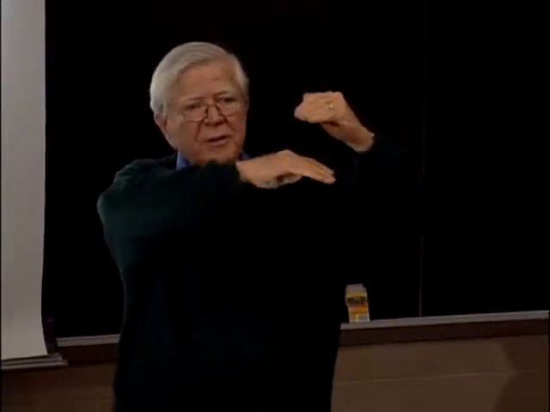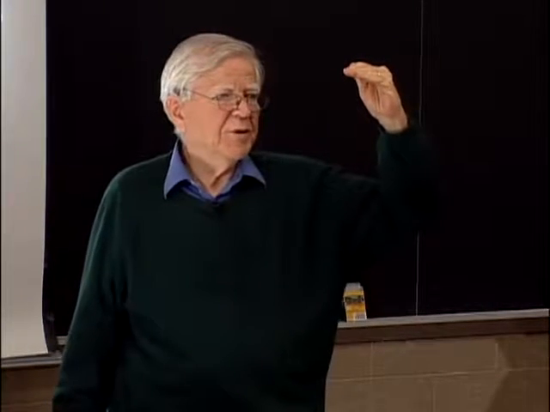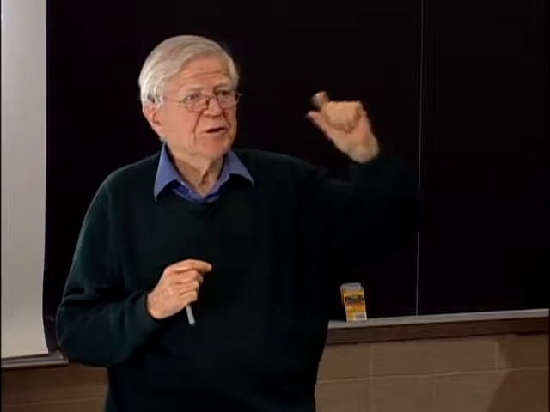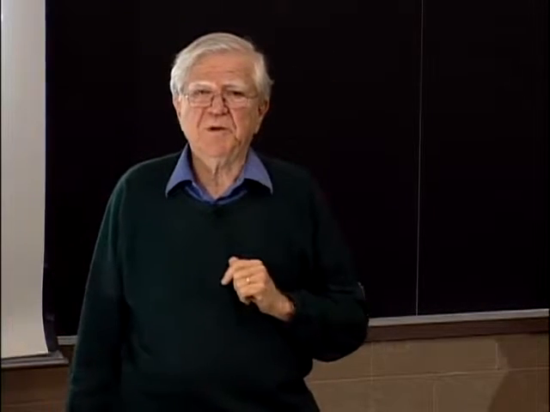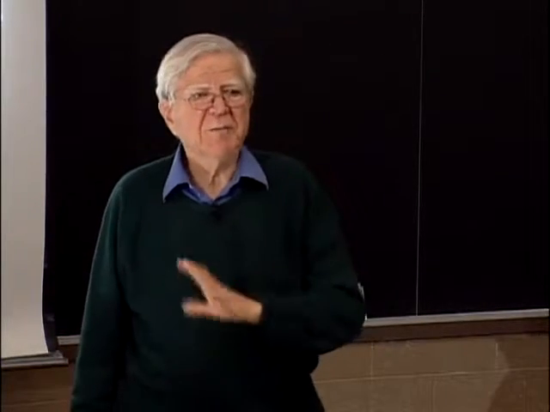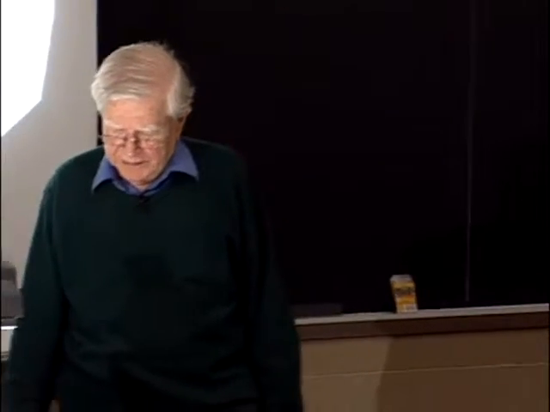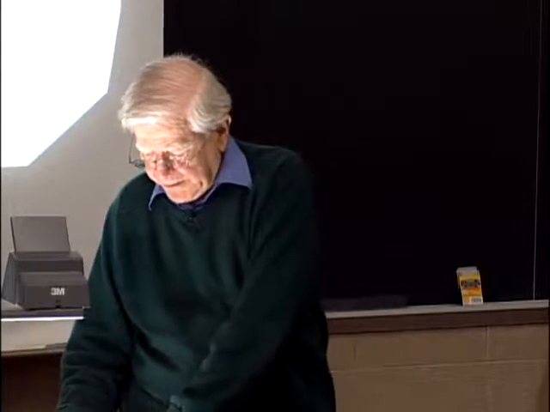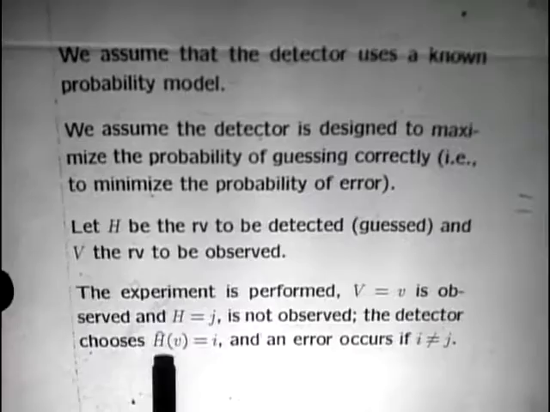That 1 or 0 has been sent through this whole system. The receiver has observed some output V. So in fact, we're now dealing with the sample values of two different things. The sample value of the input, which is H, the sample value of the output, which is V. And in terms of the sample value of the output, we're trying to guess what the sample value of the input is.